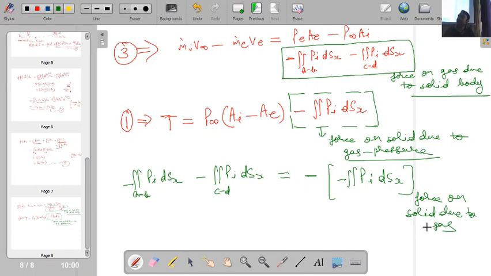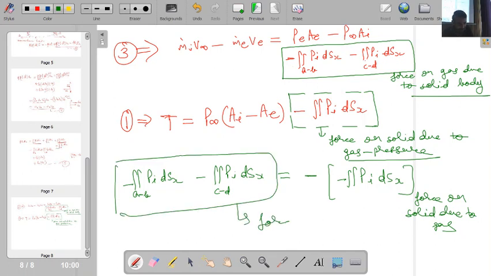Is this one clear? And over here, this is nothing but force on gas due to solid. Is this one clear?